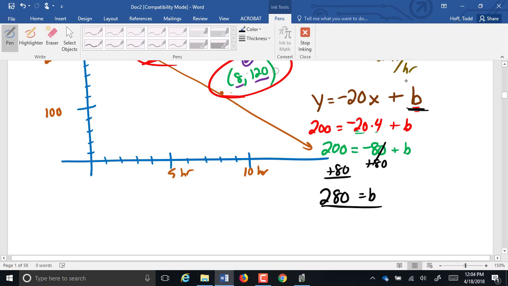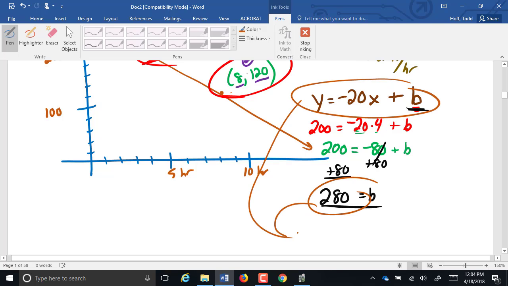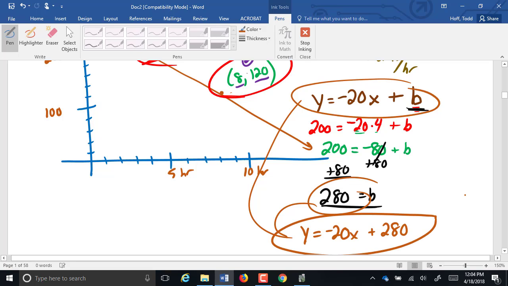So we combine this back with this equation. So y equals negative 20x. We know that b is 280 now, so plus 280. There's our equation. So we could go through that effort to find b, but we don't have to.